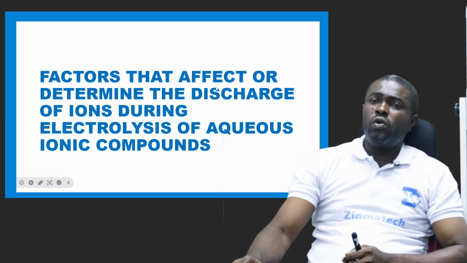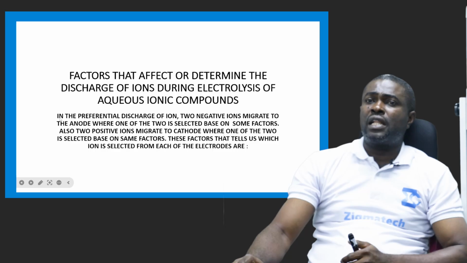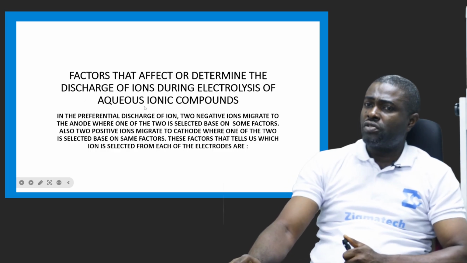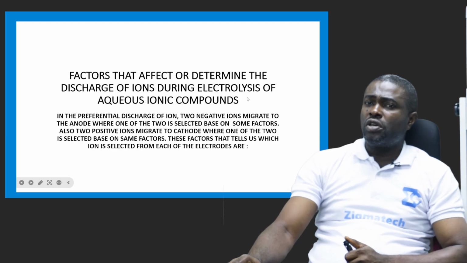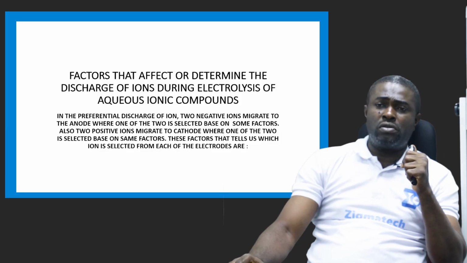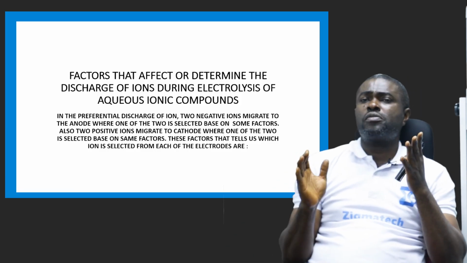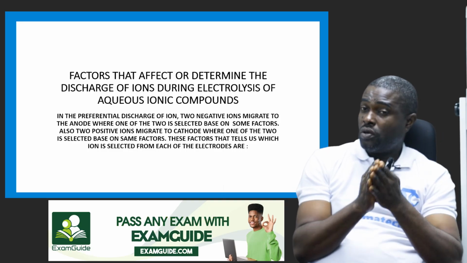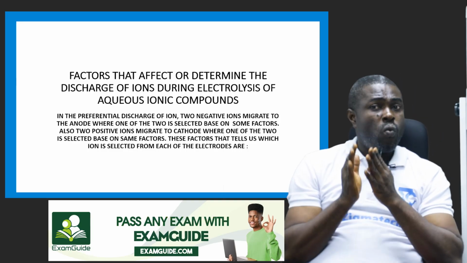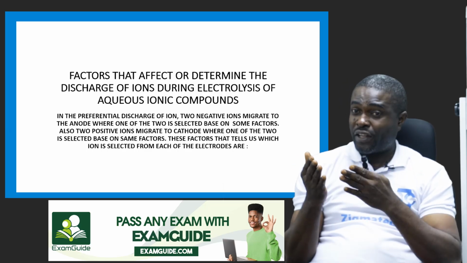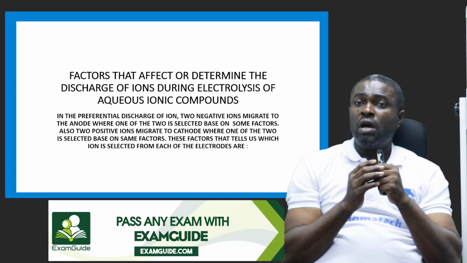Looking at the first on the slide, it's the factors that affect or determine the discharge of ions in electrolysis of aqueous ionic compounds. Now, in the preferential discharge of ions, 2 negative ions migrate to the anode. Why? Anode is a positive electrode. One of the 2 is selected based on some factors which we are about to discuss.